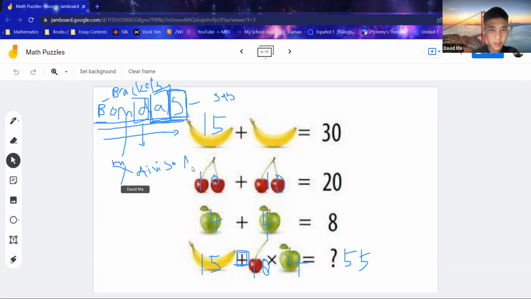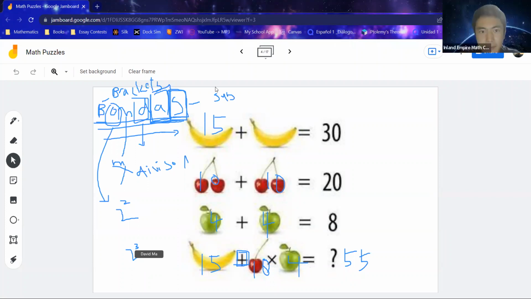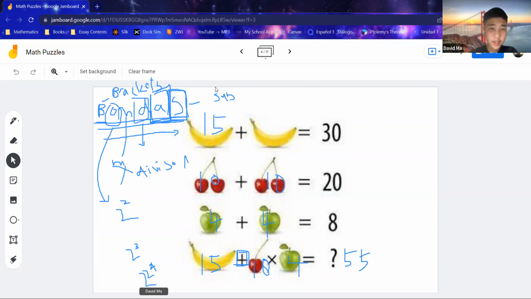And O here represents powers, like 2 to the power of 2, 2 to the power of 3, and 2 to the power of 4. That's right, Lloyd, it's exponents. Yeah, exponents. And then B here represents brackets.